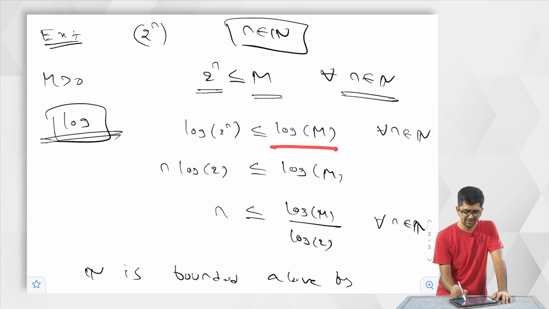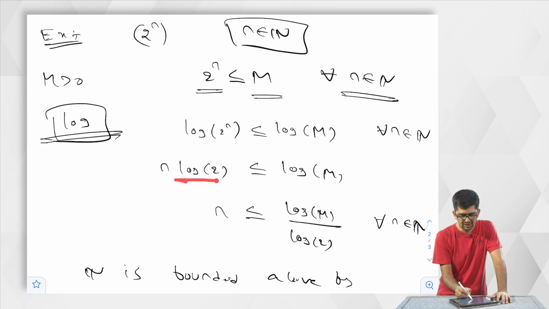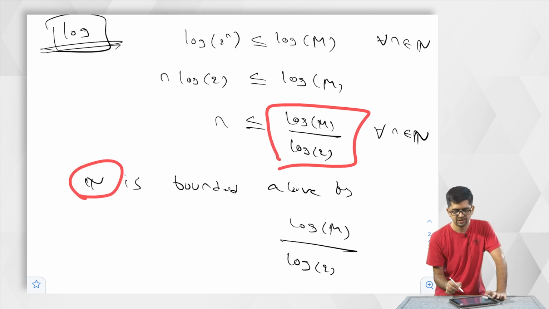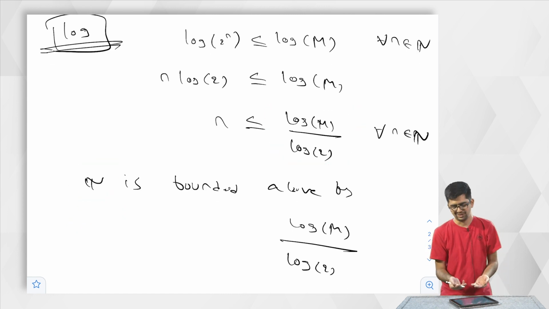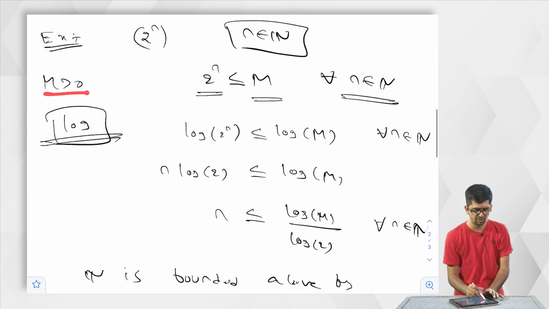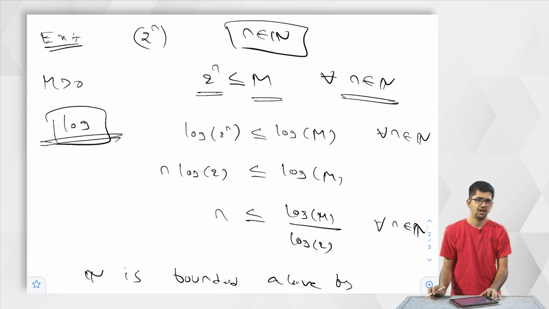And here I am not changing anything, this is still log m only, and log 2 comes here. So, n is less than or equal to log m by log 2 for every n belongs to N. This says the set N is bounded above by this quantity, but we already know that N is an unbounded subset of R. So, there can be no m positive with this property. So, this is an unbounded sequence of R.